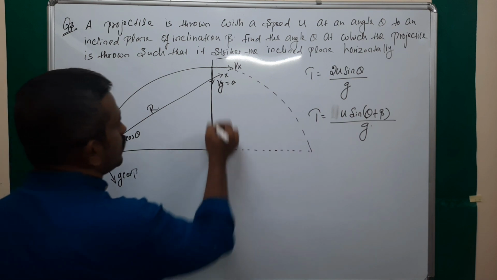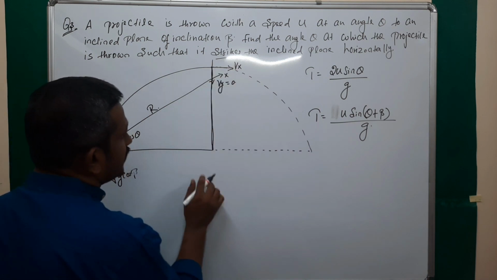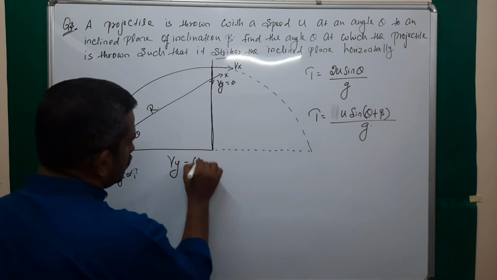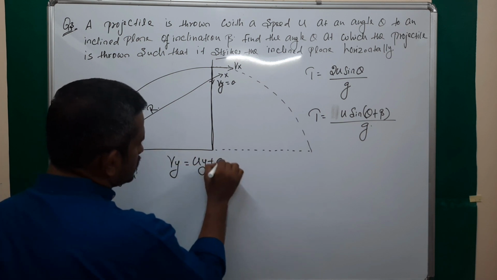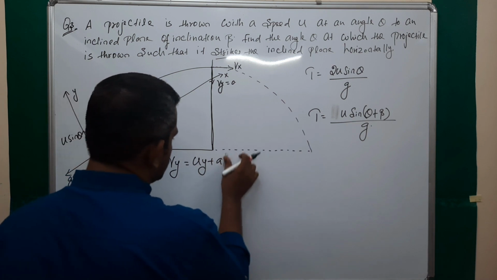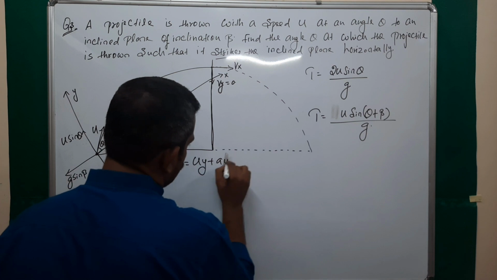So t is equal to u sin(theta plus beta) divided by g. When it is observed from the ground, I am using the kinematic equation Vy is equal to uy plus ay into t.